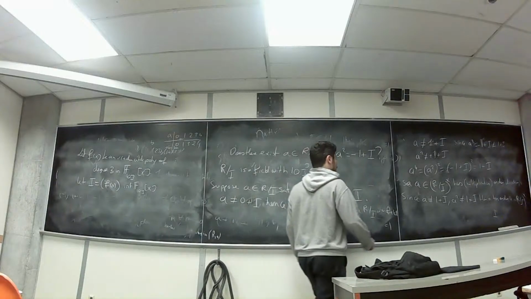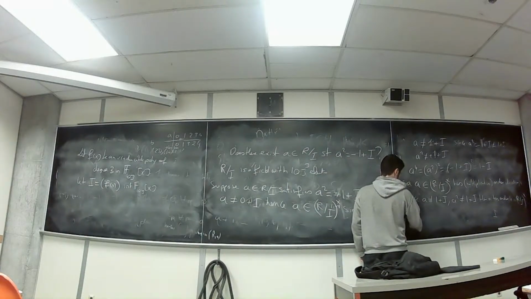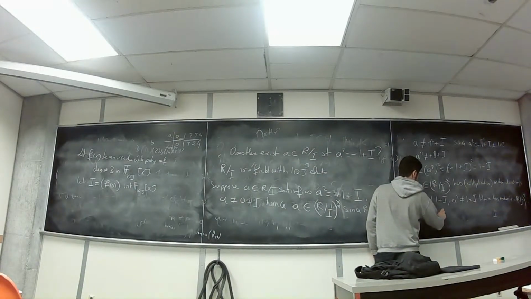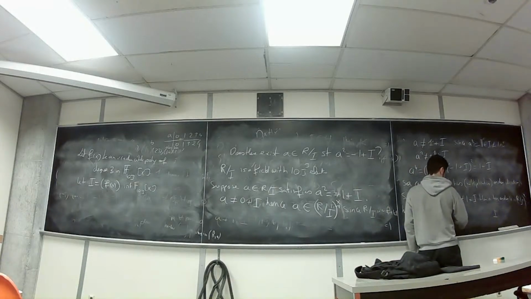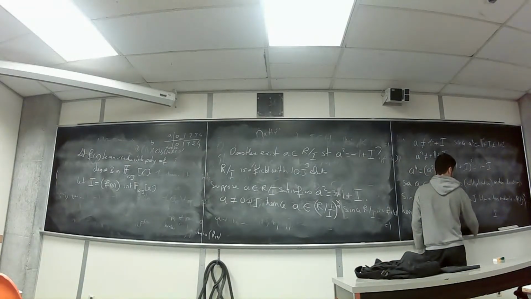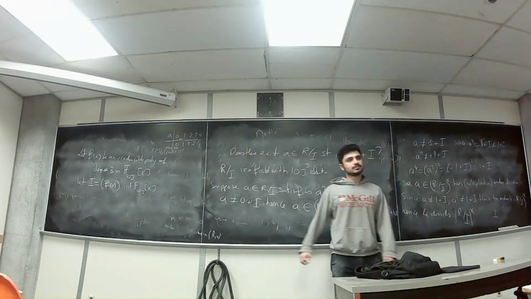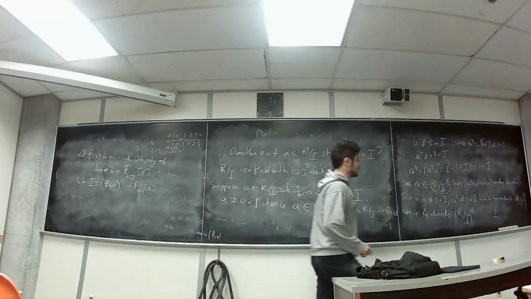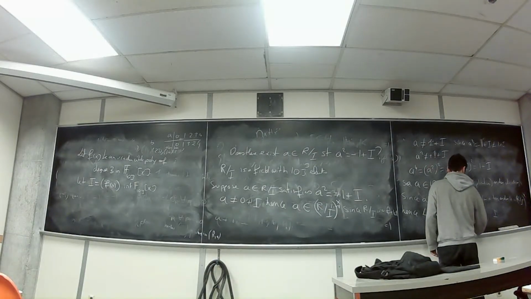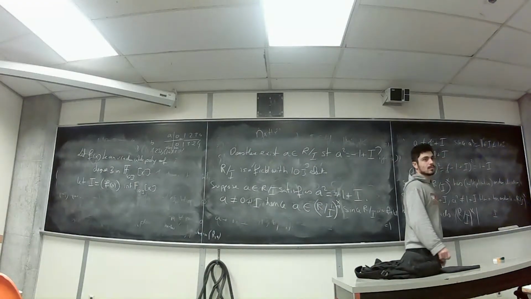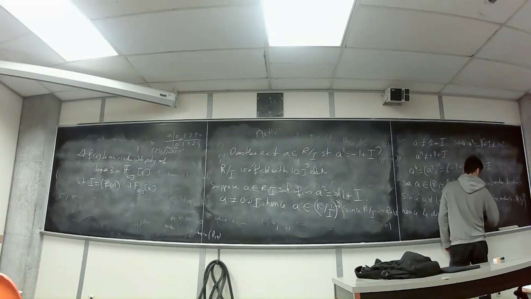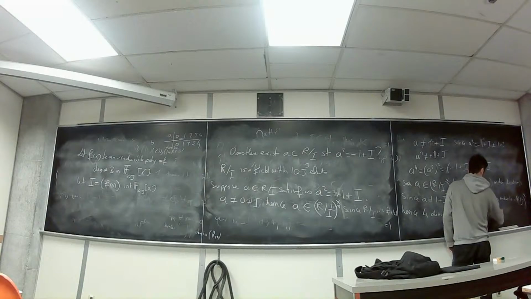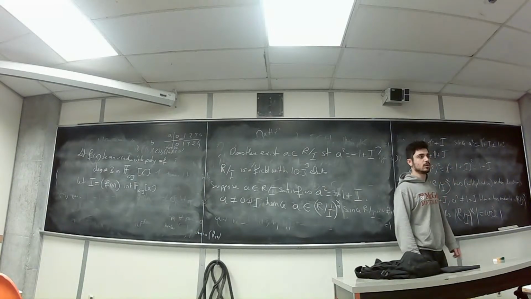Now what can I say then? Hence 4 will divide the order of (R mod I)*, which is 103 cubed minus 1.